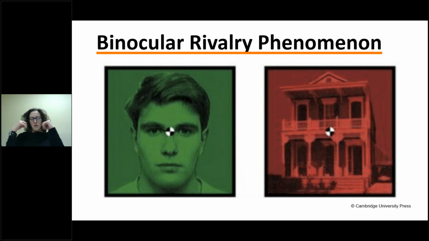There were four researchers who provided this research on another group of people, and they gave two different images. You can see here a face and a house, and they were looking at these images through half green, half red stereo glasses, and both images were being perceived separately, and as a result they couldn't understand what exactly they saw.